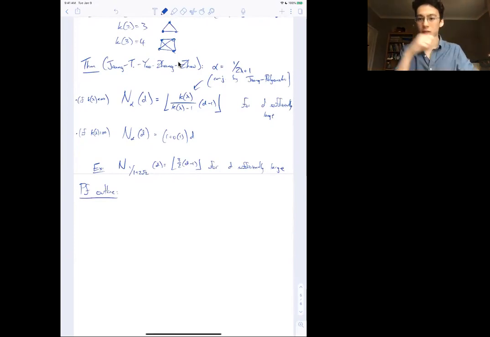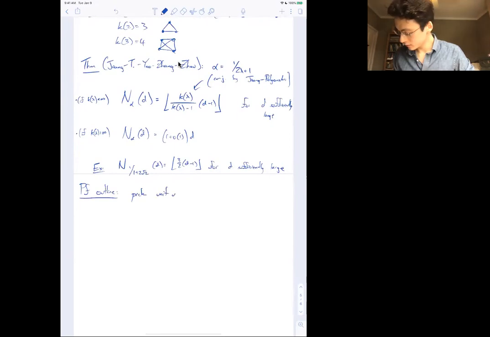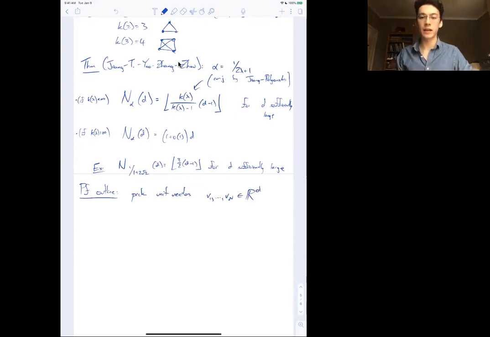All right. So let's go through the outline of this proof. So the first step is to, as usual, pick unit vectors v1 through vn along the directions of the lines.